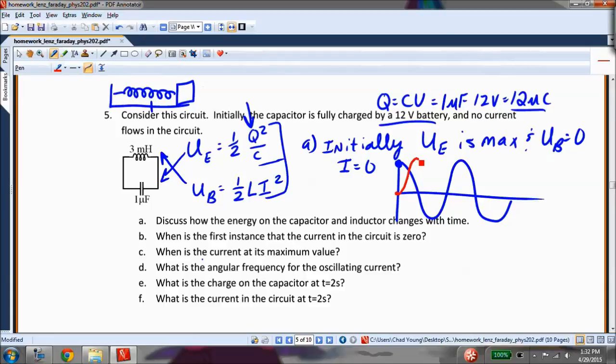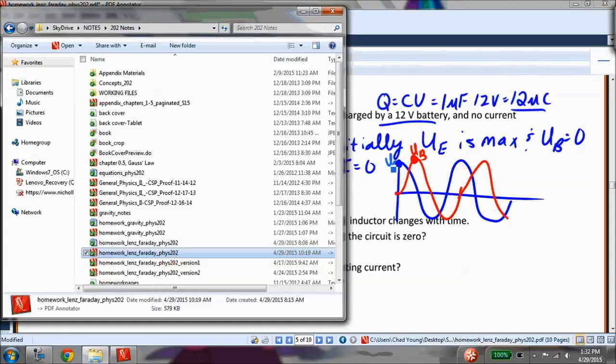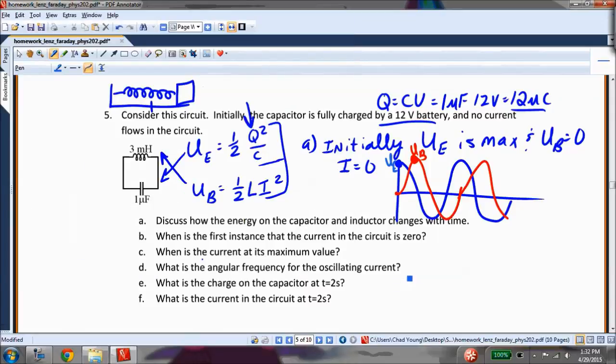It'll go like this. At any one time I have a certain amount of energy, that is this maximum value. So at this point it's all UB, and at these other points the energy is UE. So I'm interchanging this energy between electric field energy and magnetic field energy.